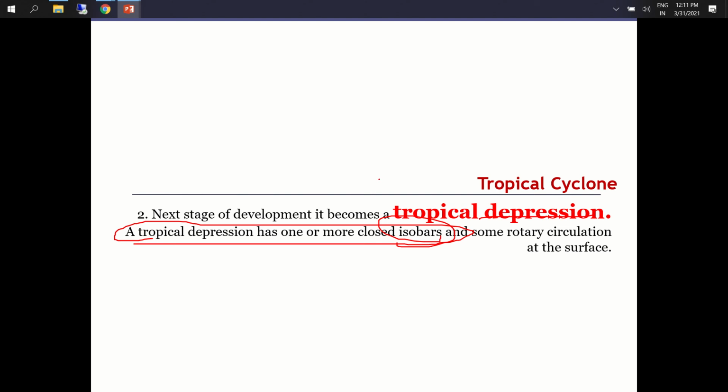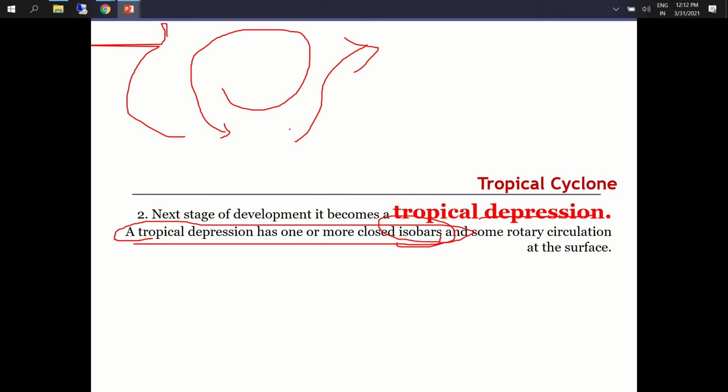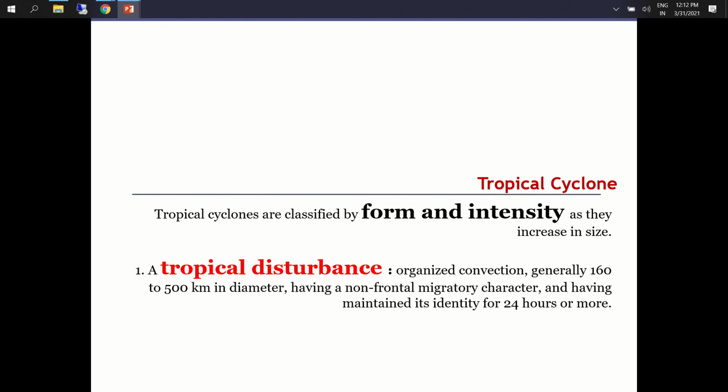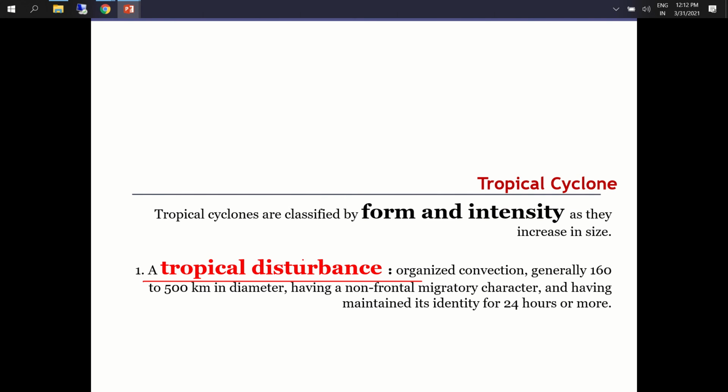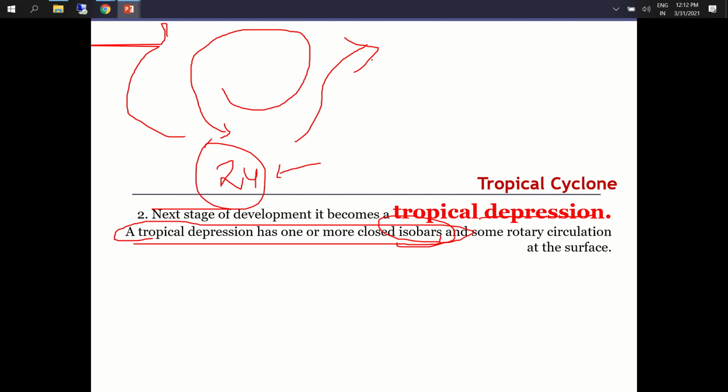So in the first phase we may observe some kind of wind pattern occurring in a specific direction, and it is there for over 24 hours. When such a phenomenon is observed, the meteorological department says there is a tropical disturbance at a particular location, and it will be closely monitored.